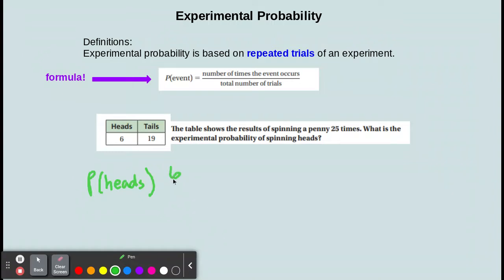It occurred 6 times, and we divide it by the total number of trials, which is 25. And 6 over 25 is the same as 0.24, which is the same as 24%. So the experimental probability of flipping heads in your experiment is 24%.